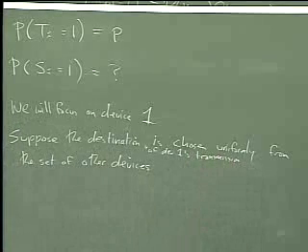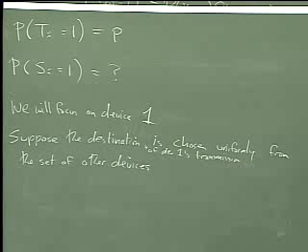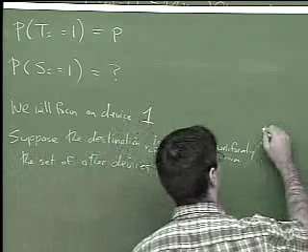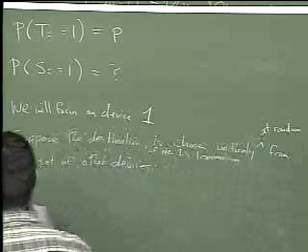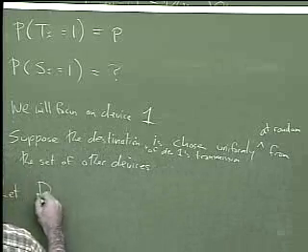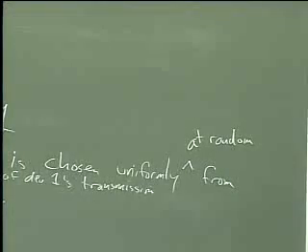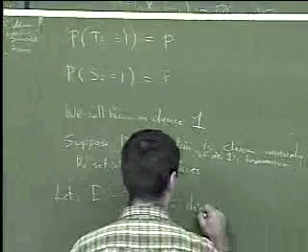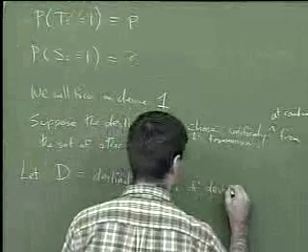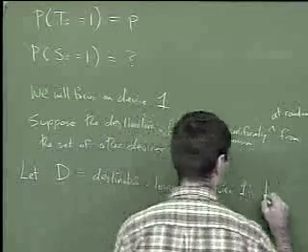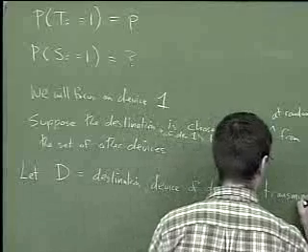Right, so device 1 is going to make a transmission, maybe, with probability P. And when it does so, it's going to choose its destination uniformly at random. Okay, so we'll also define let D be the destination device of device 1's transmission.